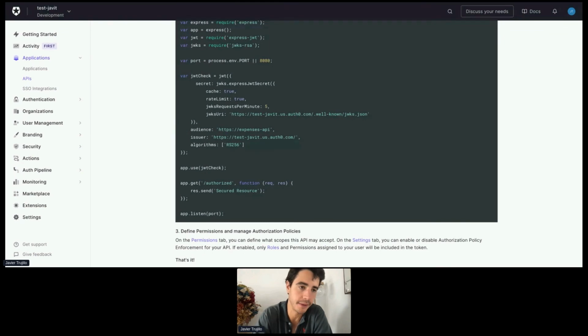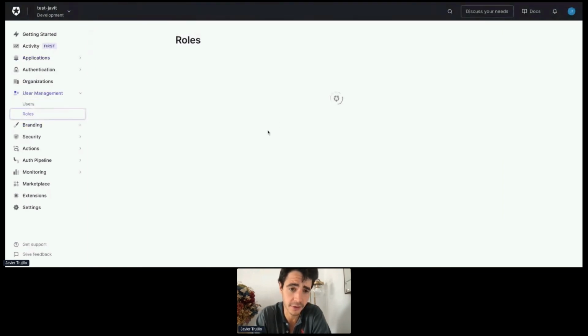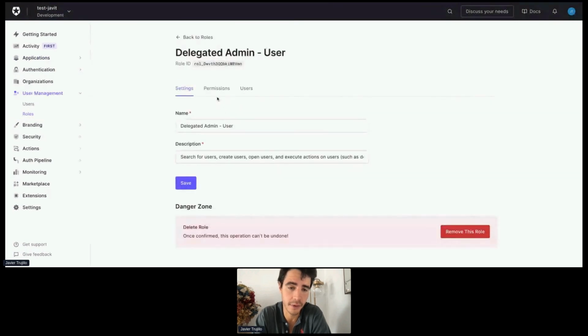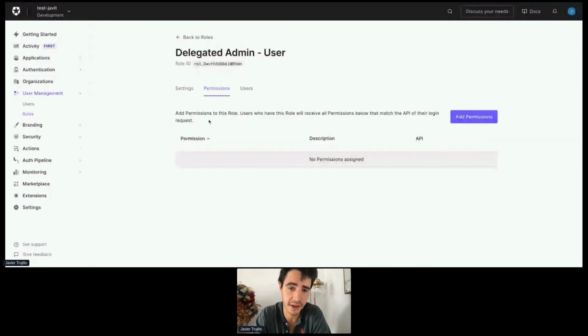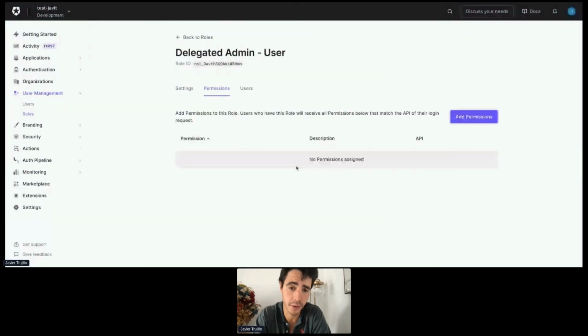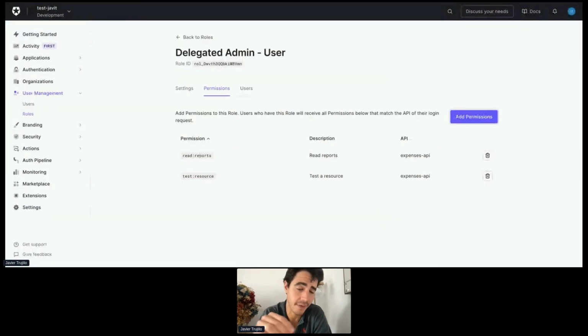How do you do that? Basically, when you create a user, you can assign roles to that person. You can create roles like this one, for example. Roles are essentially a set of permissions. You choose an API, like for example my expense API, choose what this role means, and then add this role to a user.